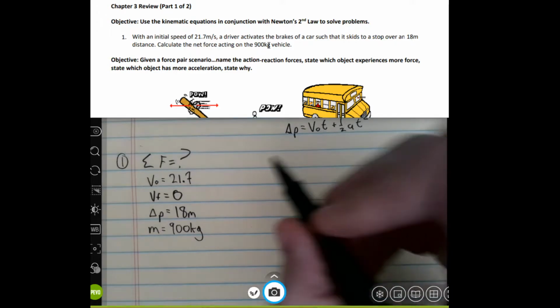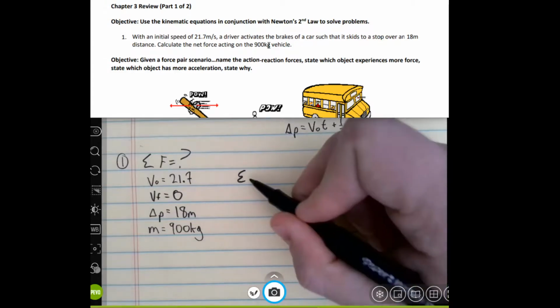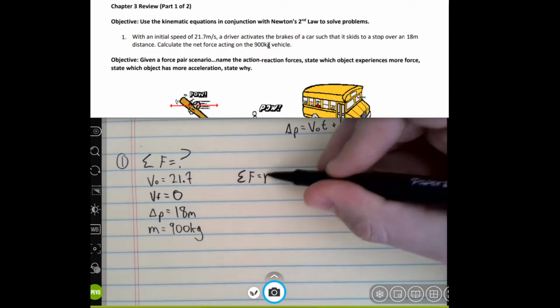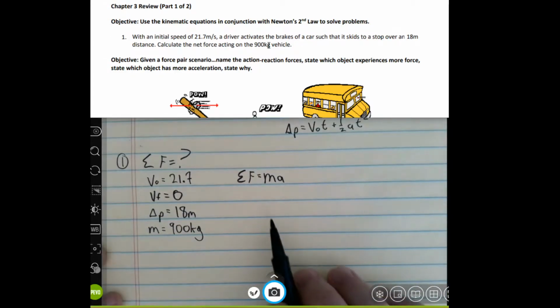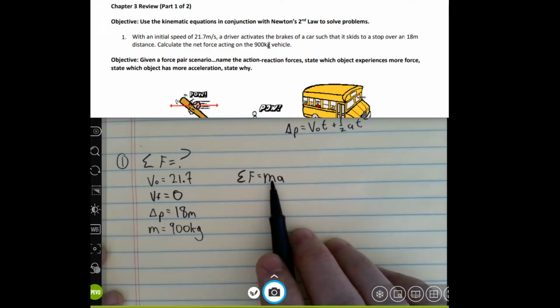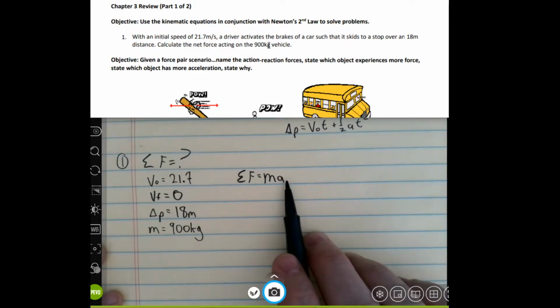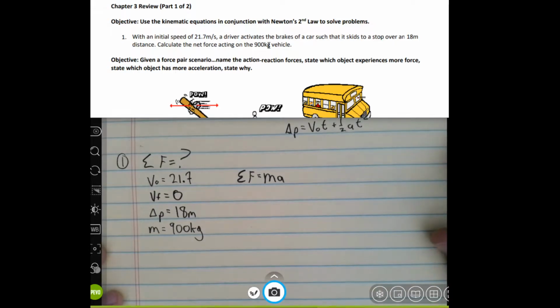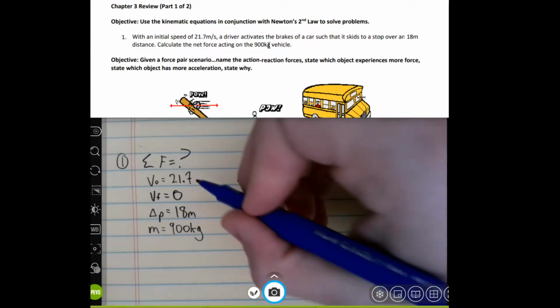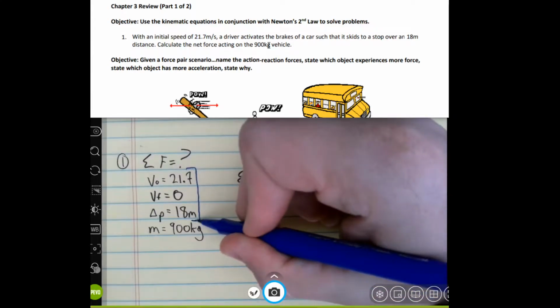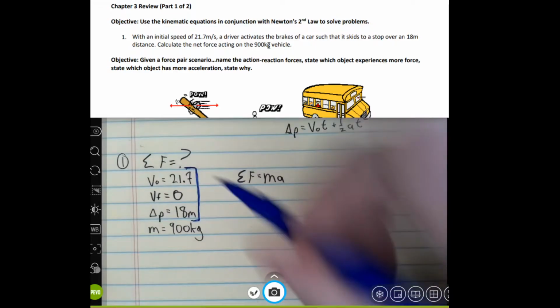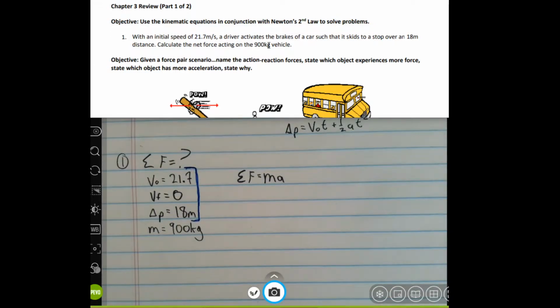If we go to find net force here in this equation, if we go to calculate it, I would plug in 900 right there, and I would find that acceleration is not known. And that's where the kinematic equations come in. We can find the equation that has all three of these and acceleration.